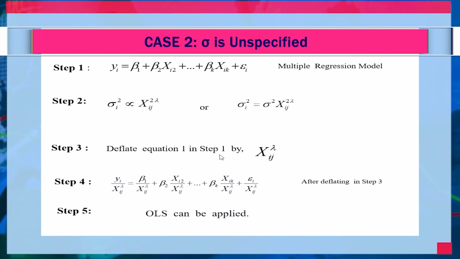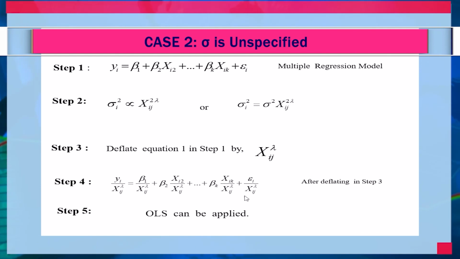So in this particular model, in step 2, we address the nature of the relationship where sigma square is directly proportional to xij square. In step 3, we identify the origin of the problem, which is just a conjecture, a guess. And after identifying it, we divide the entire equation, LHS and RHS, by xij square, because that is how the deflating is done.